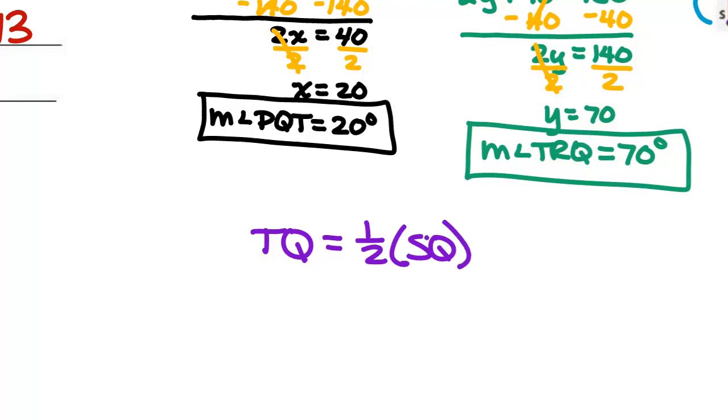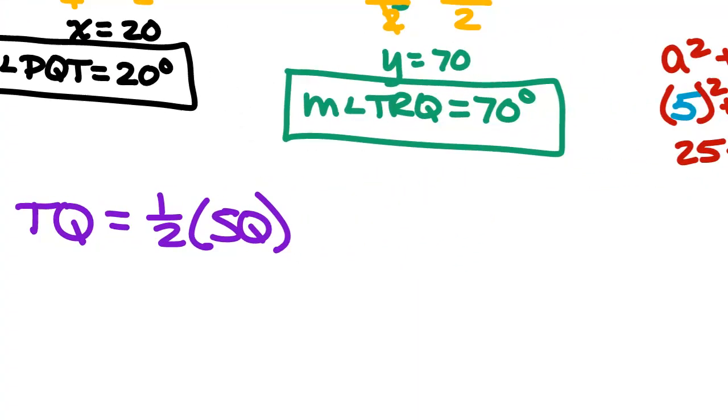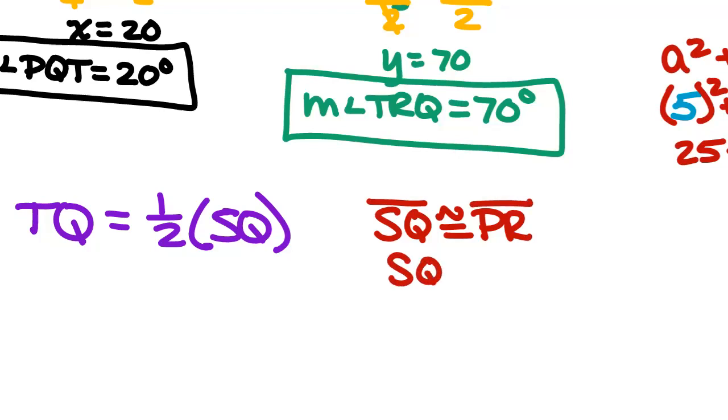Well, how big is SQ? It is 13. Why do we know it's 13? There we go. SQ is congruent to PR because the diagonals are congruent to each other.